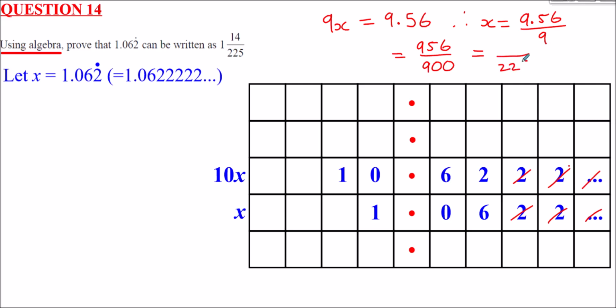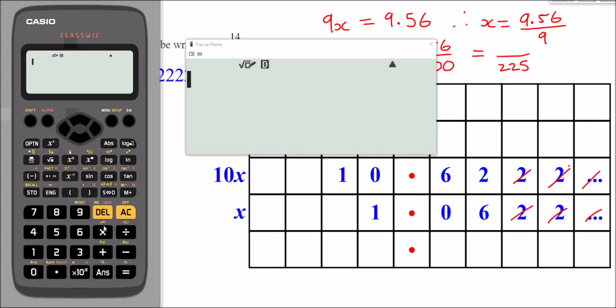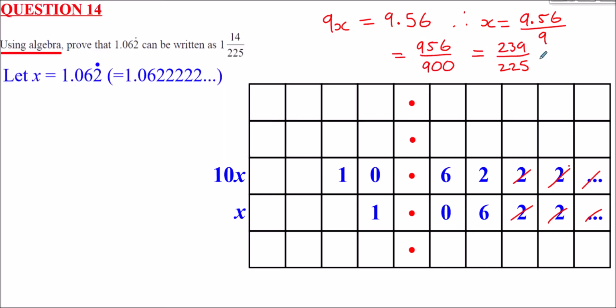I'll show you another way in a second, by the way. 956 divided by 4, because it's a proving question, gives us 239. Then finally converting into a mixed number, that's the same as 1, and 239 take away 225 leaves us the 14 left, which is our remainder. So we have 14 over 225, which is what we wanted to prove all along.